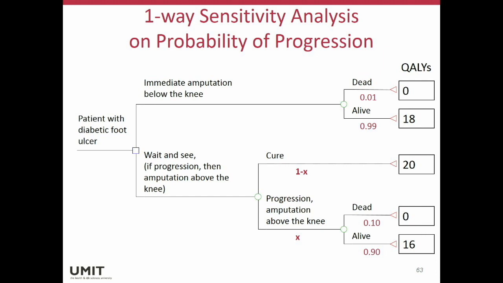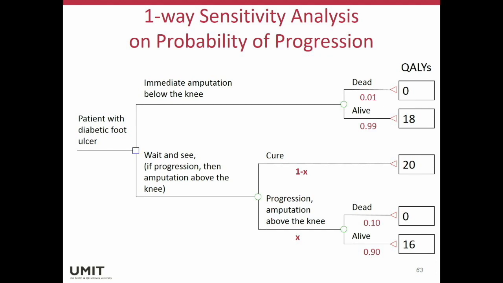So what we would like to do is make our decision and change it on that parameter, maybe making it a function of that parameter. In our case, let's assume we want to do a sensitivity analysis on the 70% of cure, so on the 30% of people with progression. And somebody says, progression is not 30%, it's X. It's another number.